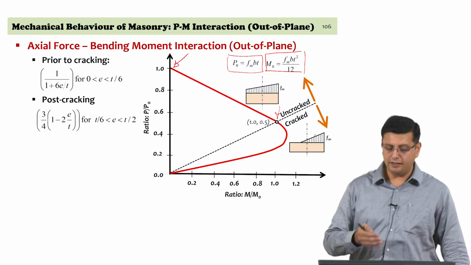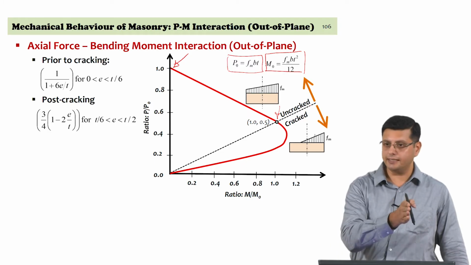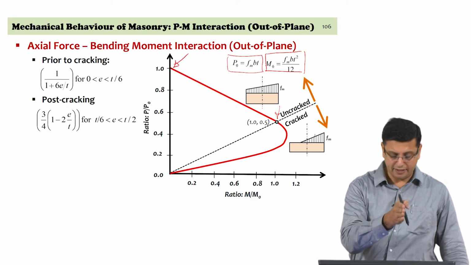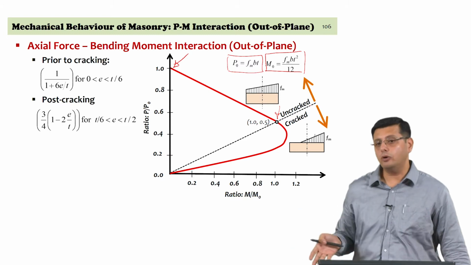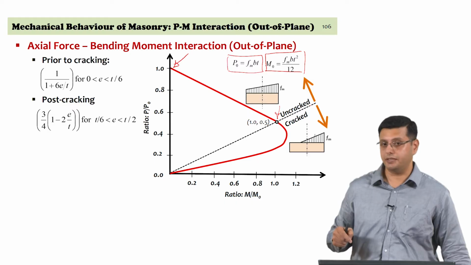So, in this case you are really looking at eccentricities that range from the critical eccentricity at which cracking commences, T by 6, to about 50% of the cross section itself.